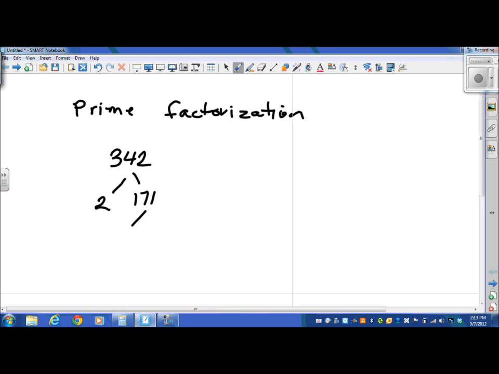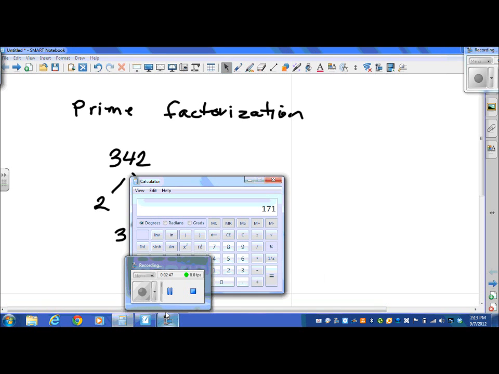If I take 171 and divide it by 3 on my calculator, that's going to equal 57.